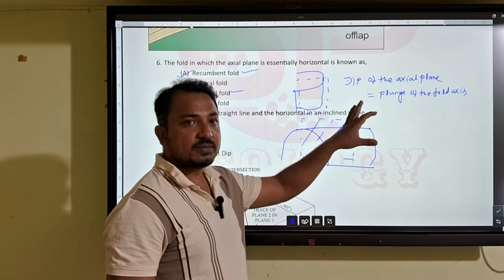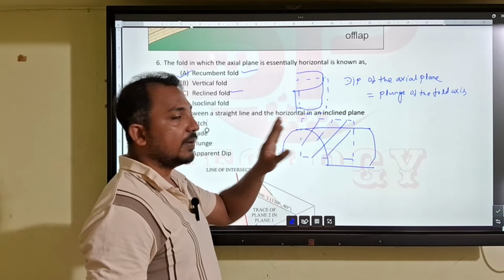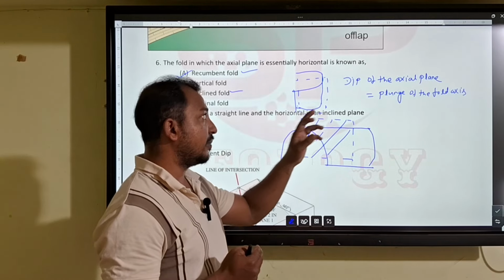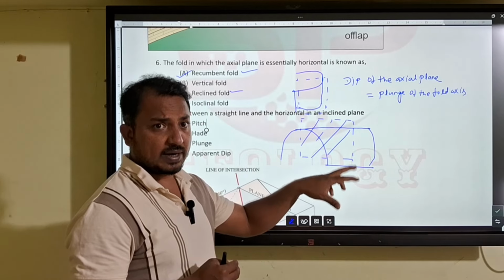It is only possible when the fold axis direction is perpendicular to the axial plane direction. In that case, it is possible that the amount of dip equals the plunge of the fold axis.